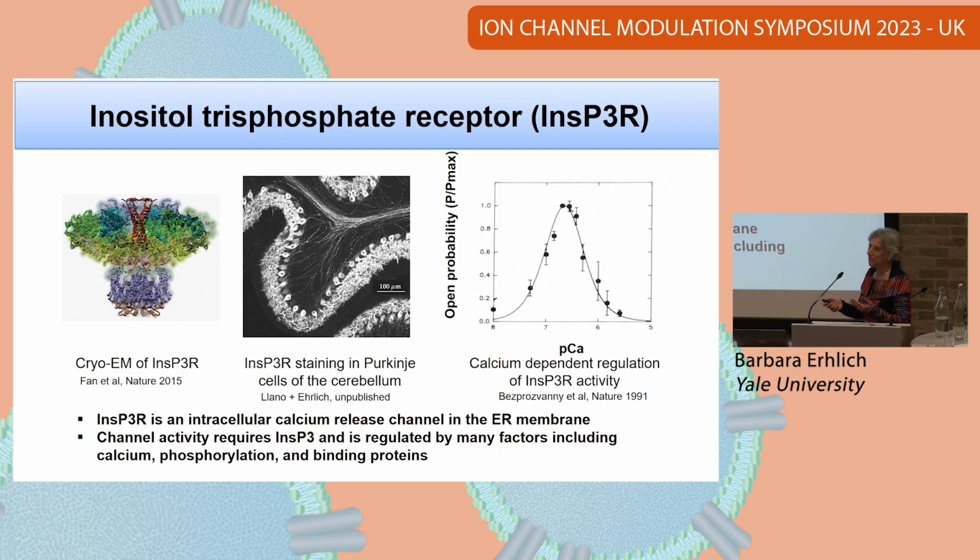This IP3 receptor is regulated by a lot of things, and one of them is calcium. This is the open probability as a function of calcium concentration, and resting calcium is around here. In the presence of IP3, as you increase the calcium, you get a positive amplification.